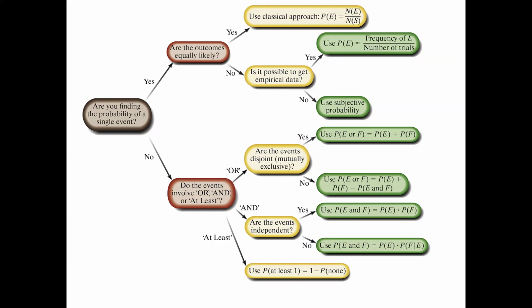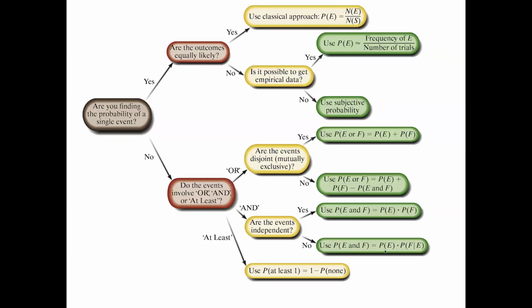If the question involves and, flipping a heads on first trial and flipping a tails on the second trial, then we use one of the multiplication rules. And it depends on independence. Remember, keep straight the different definitions of disjoint and independent. We can use the simple rule for multiplication if the events are independent.